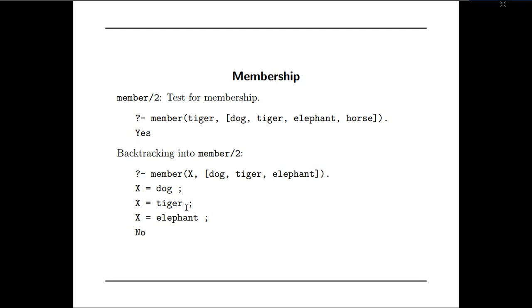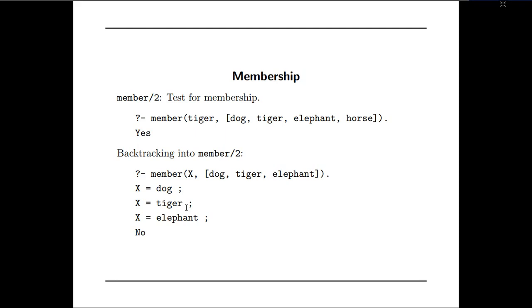Here, in order to get all objects iteratively from a list, we are supposed to use a simple variable: member of X. X means you are going to get an element, whatever the element may be, X comma the list. Now here, whenever you press enter, then X is equal to dog.